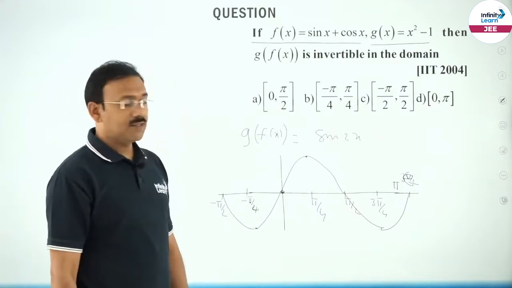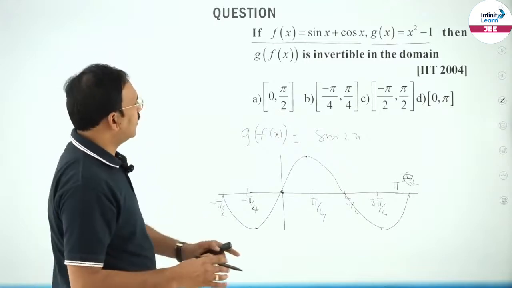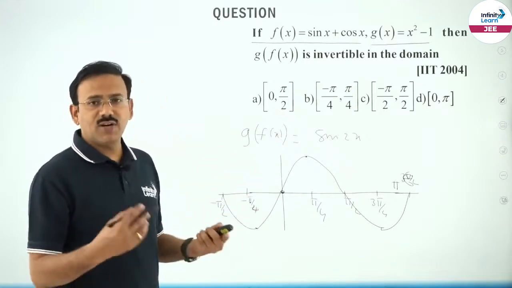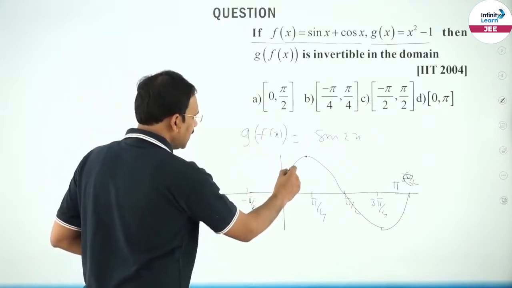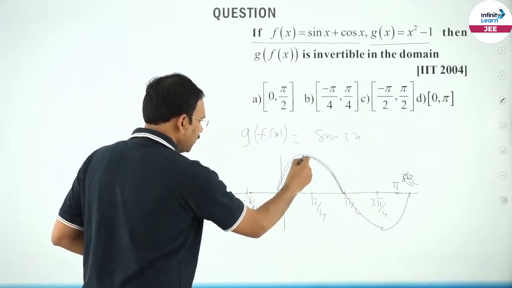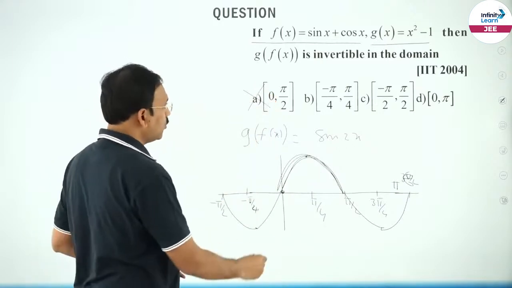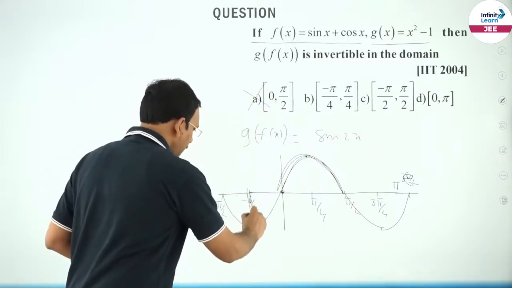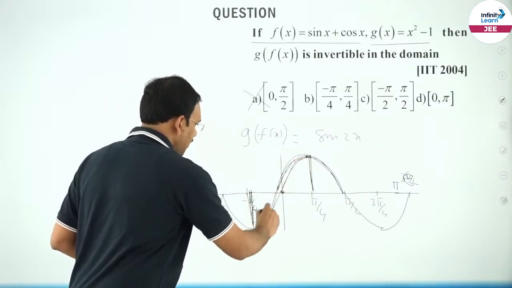Now, in this you just see, invertible means basically it must be 1-1. You did not mention the range, so range can be taken accordingly. 0 to pi by 2, that means the graph would be 0 to pi by 2, it is not 1-1, this is wrong. Minus pi by 4 to pi by 4, yes, this is the graph, my dear students.